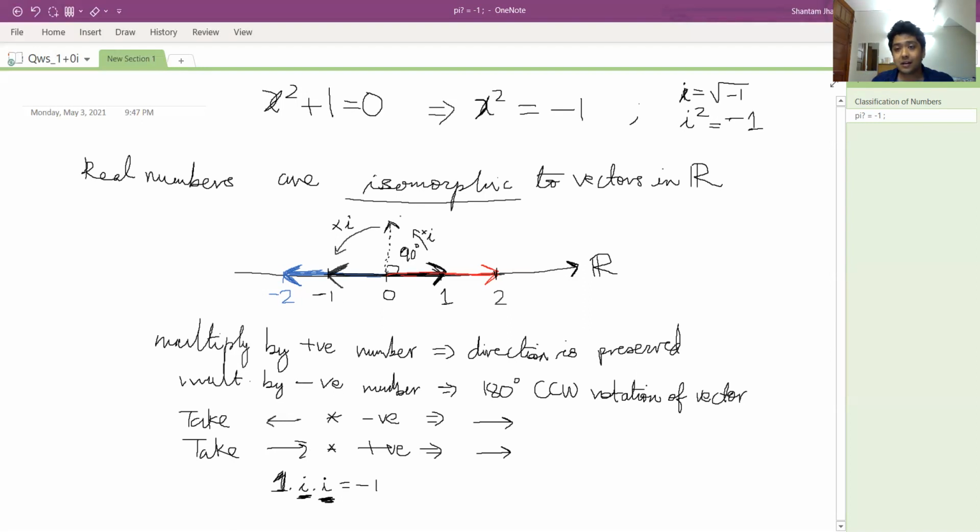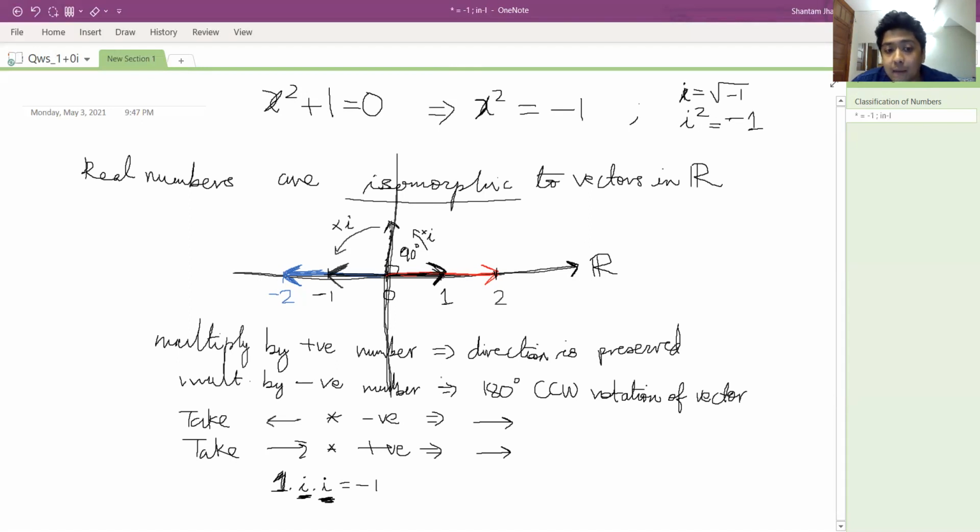So what does this mean? This means i is a number, all right, but it does not live on the real axis. Not only that, where does it live? It lives perpendicular to the real axis. It lives in a lateral dimension to the real axis, okay? The imaginary numbers live here. This is where they live.